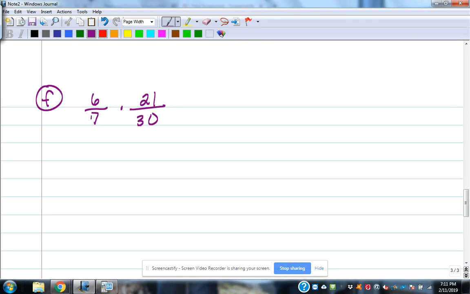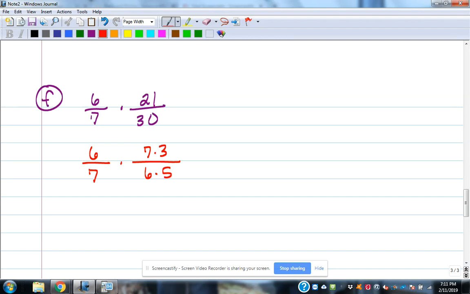The reason that you can cancel diagonally is, think about the factoring of 21 and 30. 21 is 7 times 3, right? 30 would be 6 times 5, right? That's the same problem, but just written as factors instead of as the product.